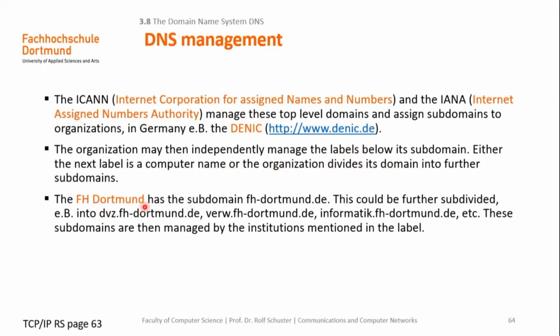The Fachhochschule Dortmund has its subdomain further subdivided into, for instance, those subdomains under Fachhochschule Dortmund. And these subdomains are then managed by the institutions mentioned in those labels. That way, the DNS permits the distribution of authority in the assignation of names.